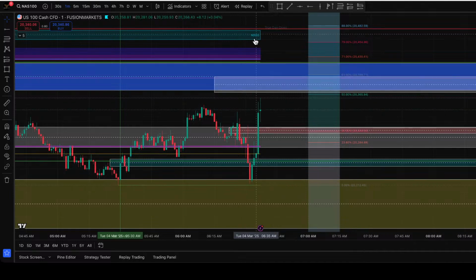And let's see if it wants to go all the way to the end. But that lets me know that it wants to take out this manipulation to the top side and push down.